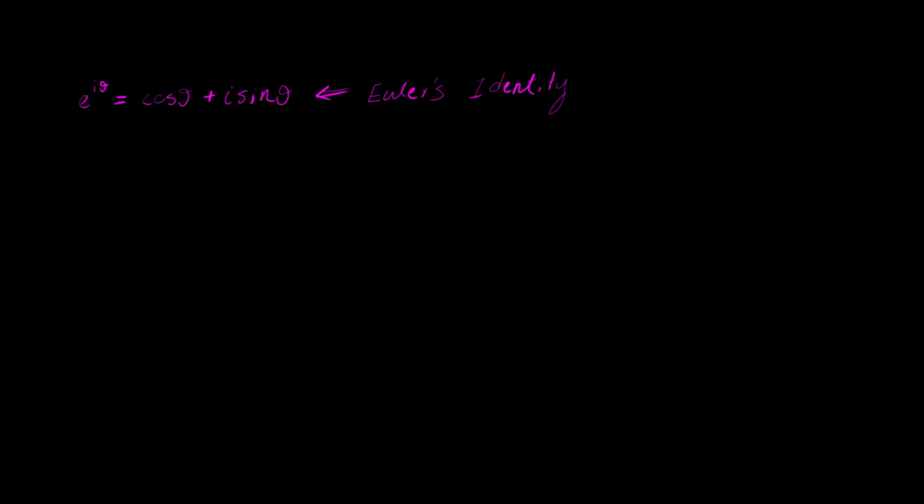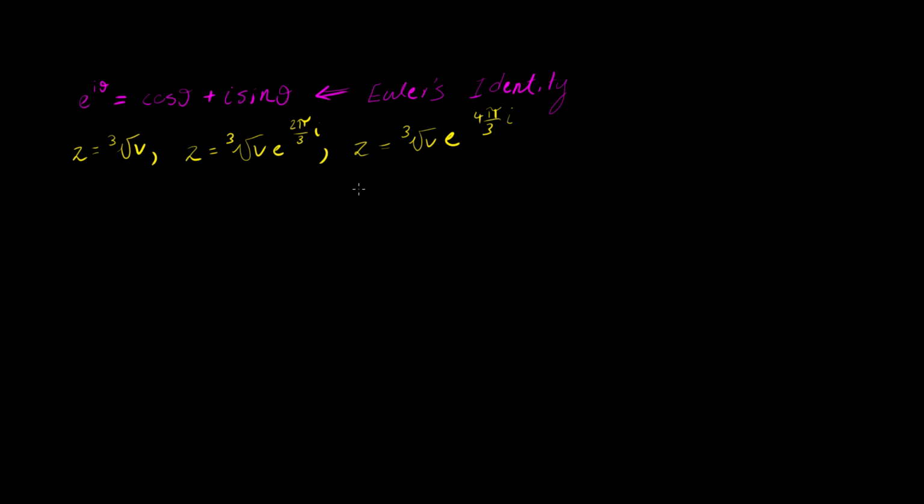We know z is equal to the cube root of v times e to the 2 pi over 3i, and we also know that z is equal to the cube root of v times e to the 4 pi over 3i. So let's use Euler's identity to expand these out.